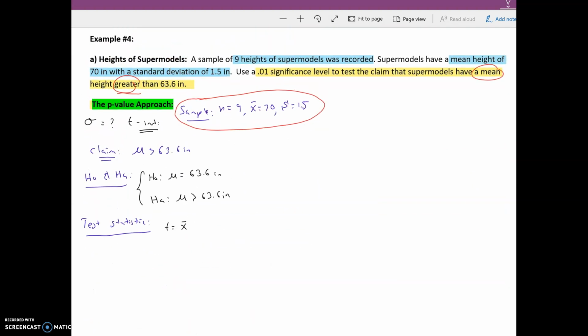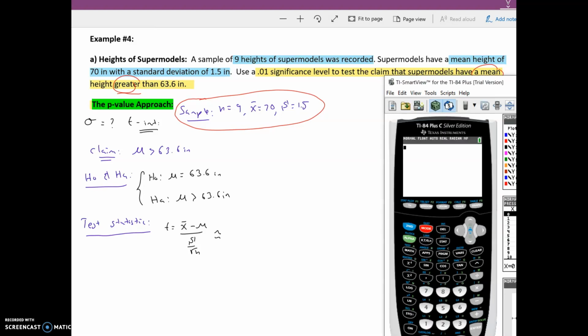So x bar minus mu divided by the standard deviation over the square root of n. Now, it's probably best if we actually run the actual test statistic, since what we're going to be actually doing is getting the p-value anyways. So please run me the test.